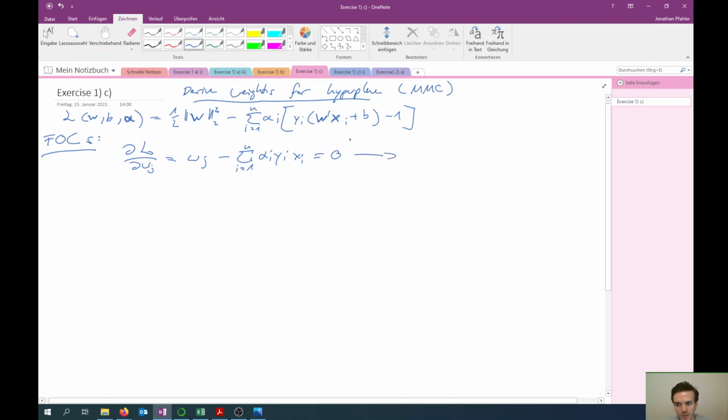If we do this for all our weights, for all weights j from 1 to p, then we can save this in a vector and write this down in vector notation.